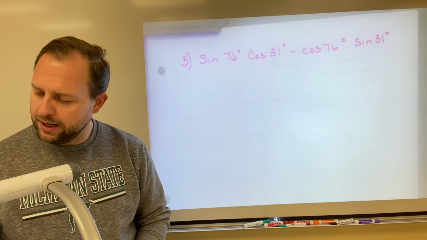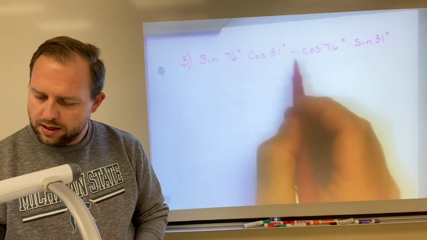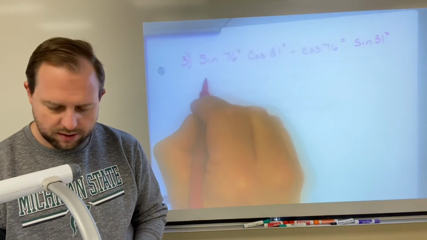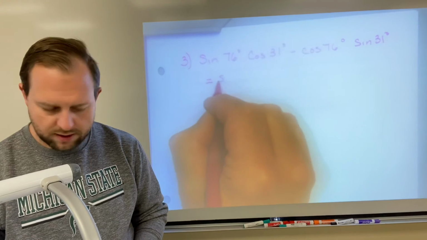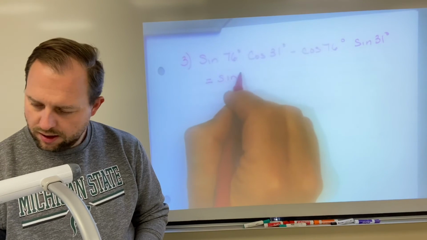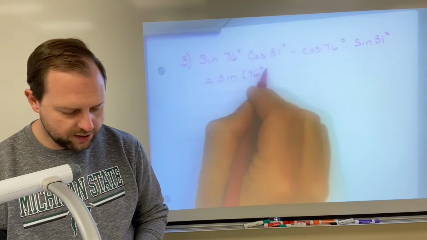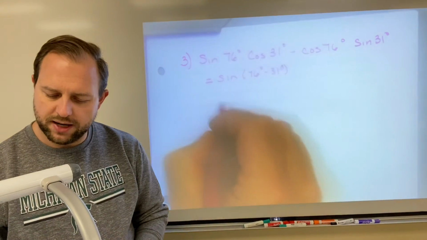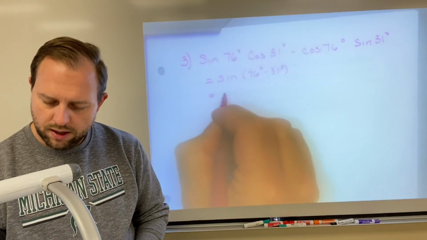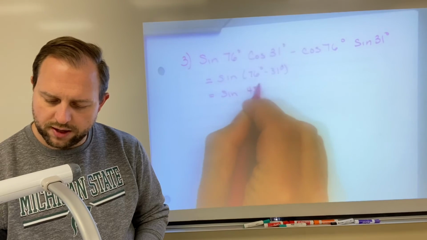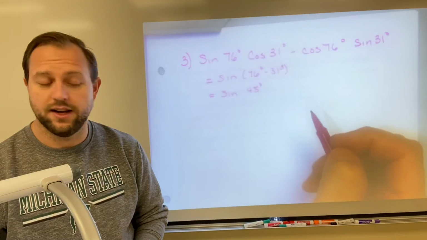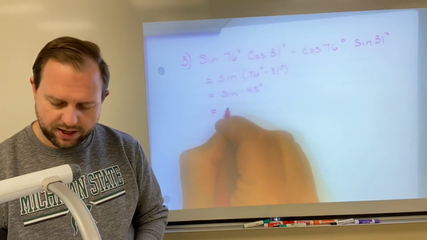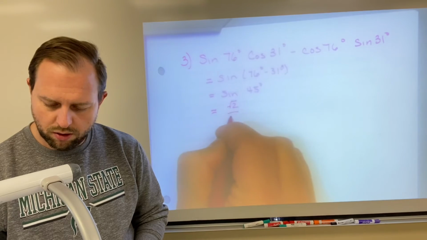If we look back at the equations we started with, difference in the middle means that this is the same thing as the sine of 76 degrees minus 31 degrees. Well, 76 minus 31 is 45 degrees. What's the sine of 45 degrees? If we look it up on the table, it is root 2 over 2.